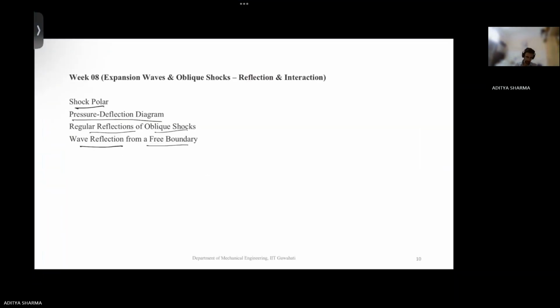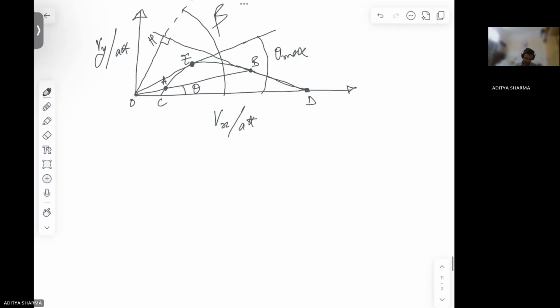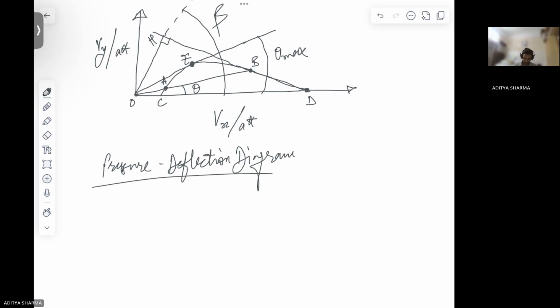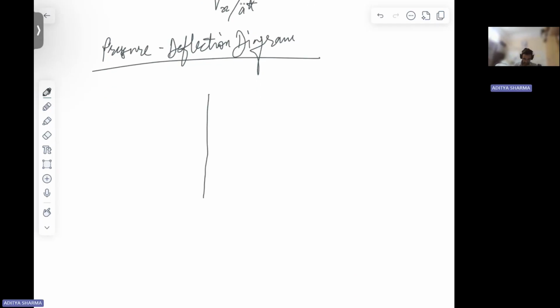Then there is your pressure deflection diagram. So it is something like this.